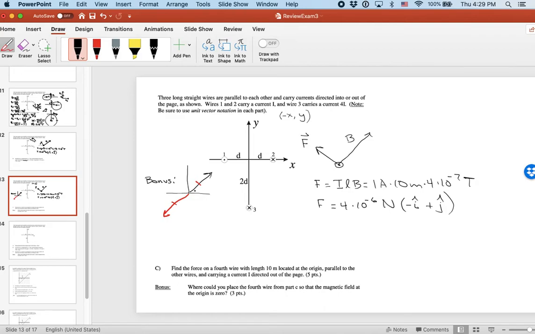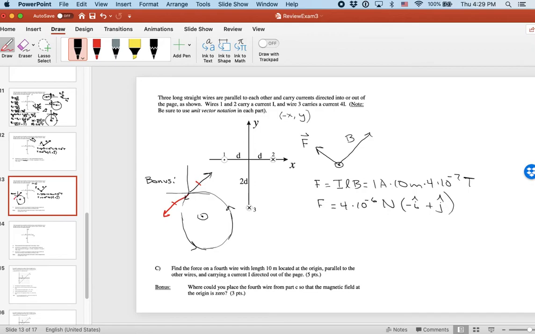So if this is my origin, then this B field is going to be tangent to a circle. For tangent to the circle, if I have a wire coming out, I'm going to want the current to go this way. So I'm going to want to place a wire like here. And if I do that, then I will create a current that circles around, going this way.